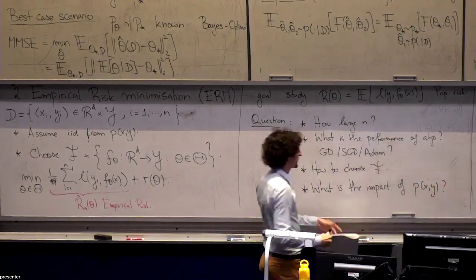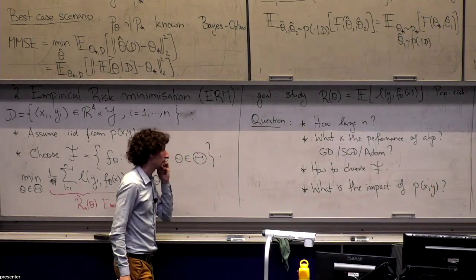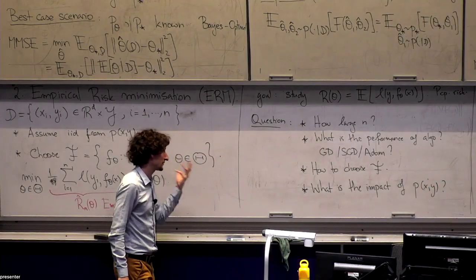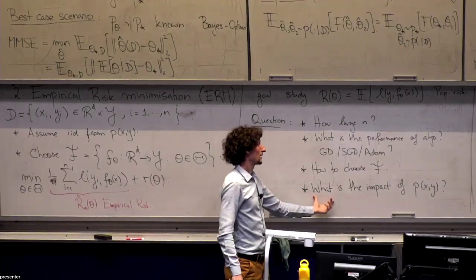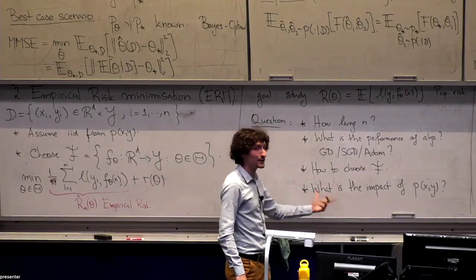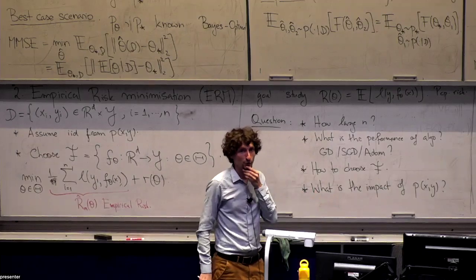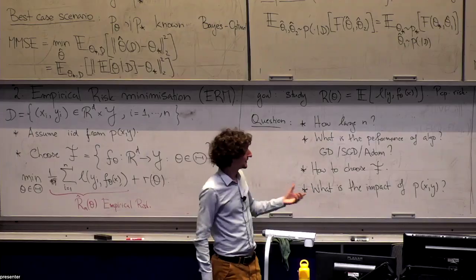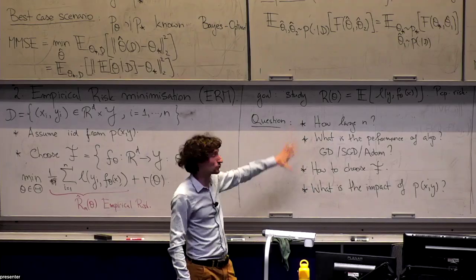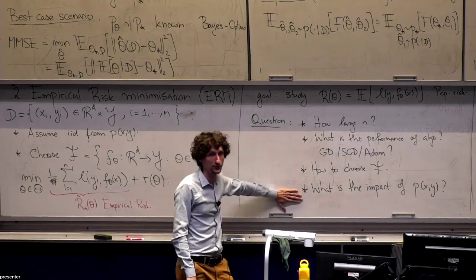For me, this is one of the most interesting questions, because as we just said a few minutes ago, in the high dimensional limit, the data distribution matters. So in the worst case, solving this problem is not possible. The answer to all of these questions will depend on your data distribution.